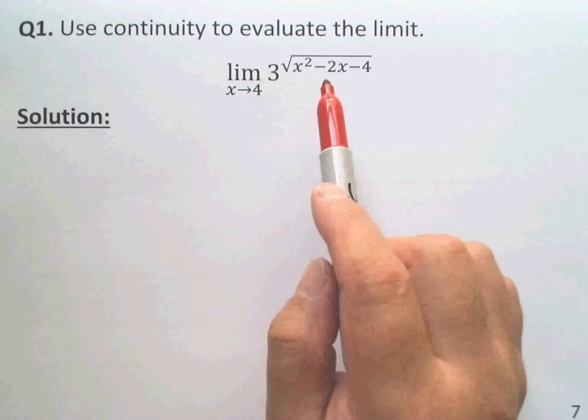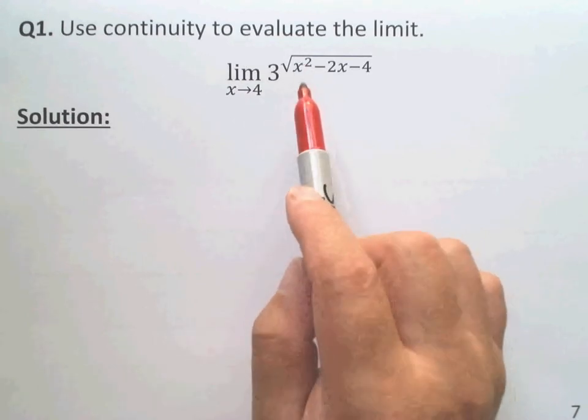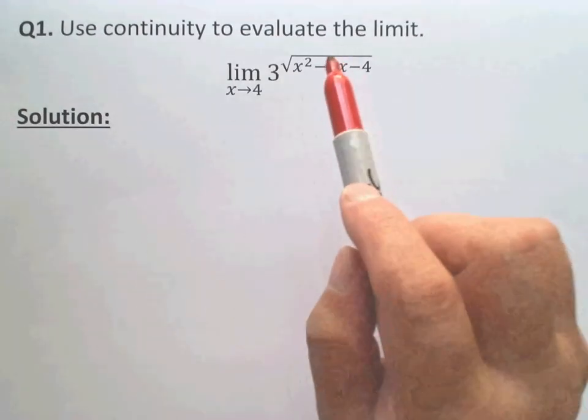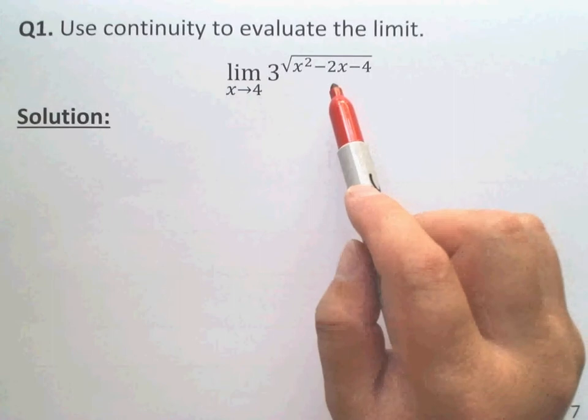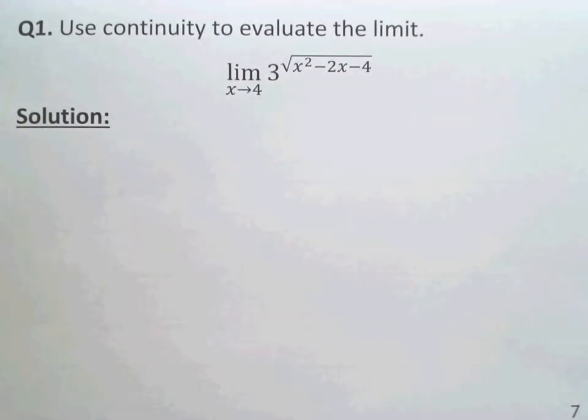This looks complicated, so imagine the results we have learned. Is this a basic function? No, it is not a basic function. If we know this basic function, that's continuous on the domain, right? But we know this is a composition. It's a composite function, but a little bit complicated composite.